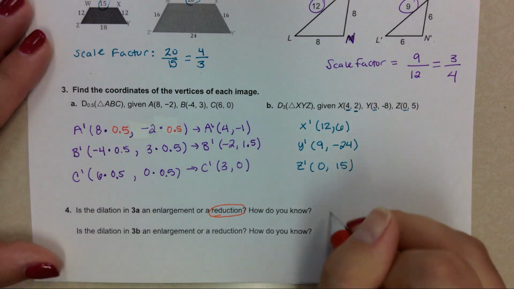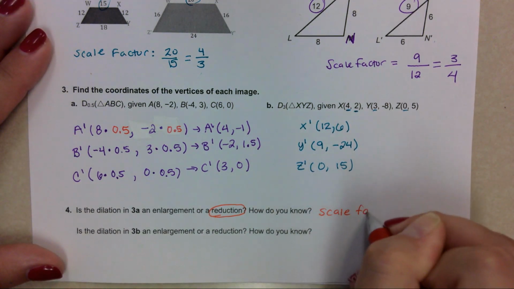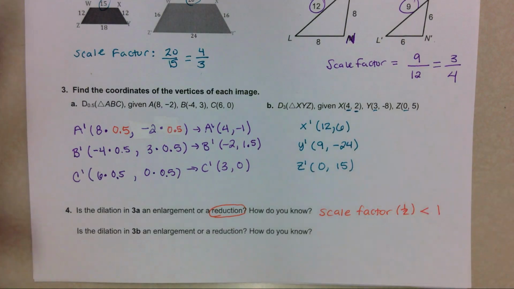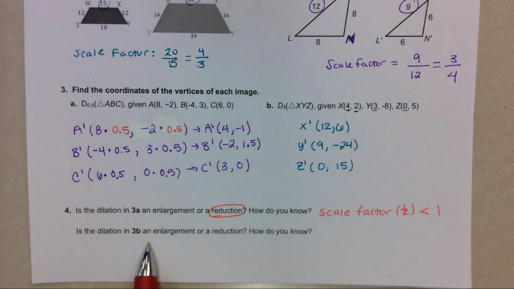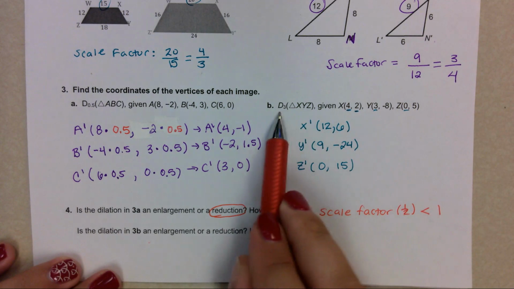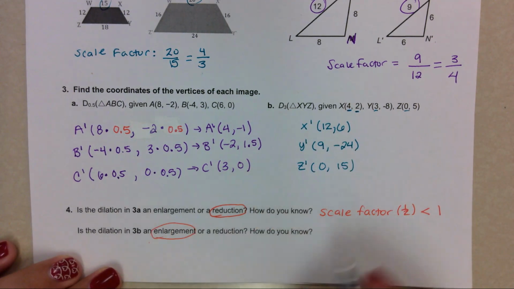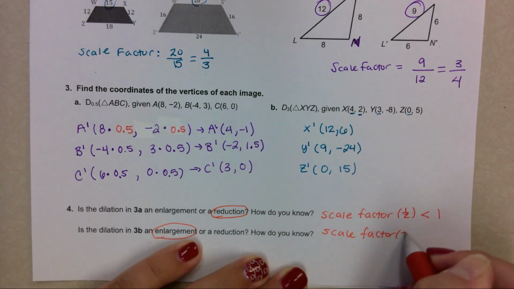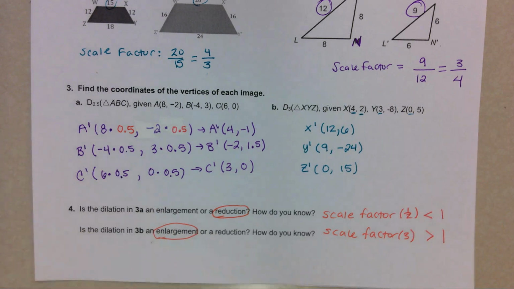Likewise, in 3b, we have a scale factor of 3, so that's an enlargement because the scale factor of 3 is greater than 1. So when your scale factor is less than 1, it's a reduction, and when it's greater than 1, it's an enlargement. All right?